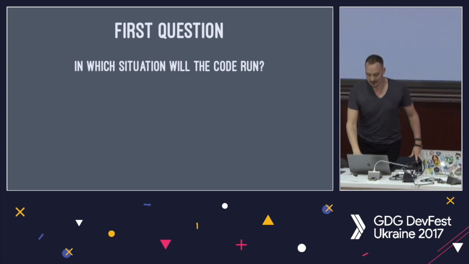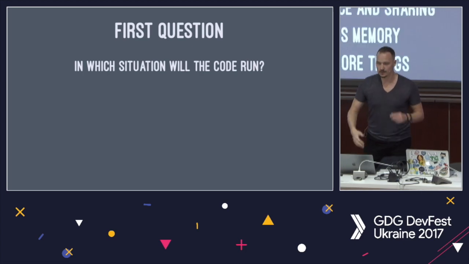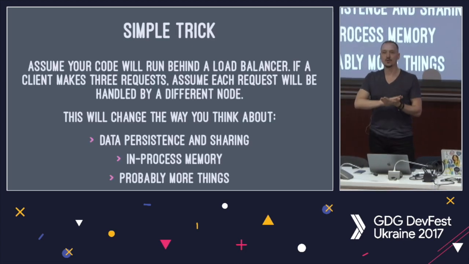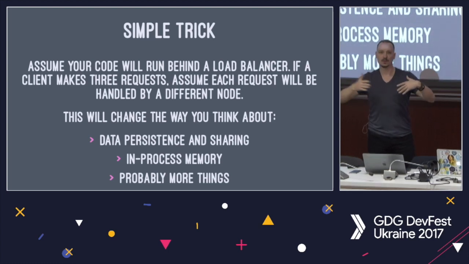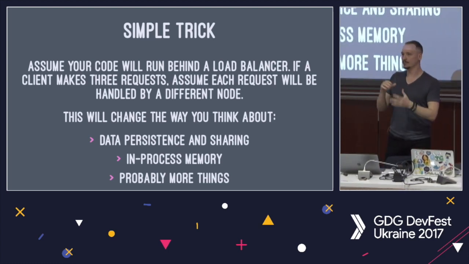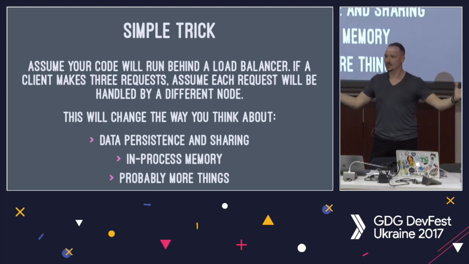There's a really simple trick for this. All you have to do is imagine that your code is going to be running behind a load balancer. So for each request, you can't guarantee that subsequent requests are going to hit the same instance of your code. So if you assume that, suddenly it changes the way you might write things.